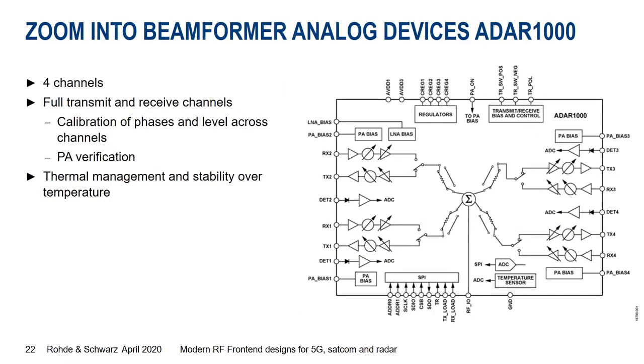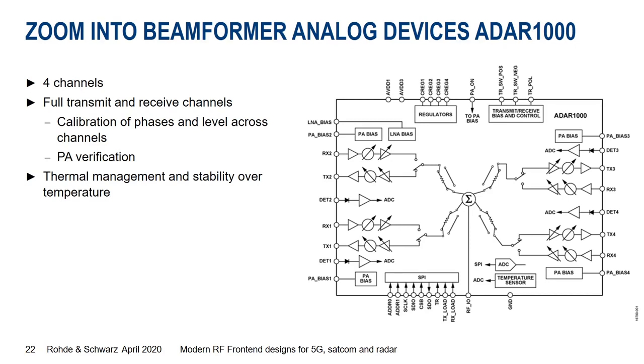In hybrid beamforming applications, we typically have the baseband and the digital beamforming. And on the other side, we said we are combining it with analog beamforming to be more efficient and to drive up the number of antenna elements.